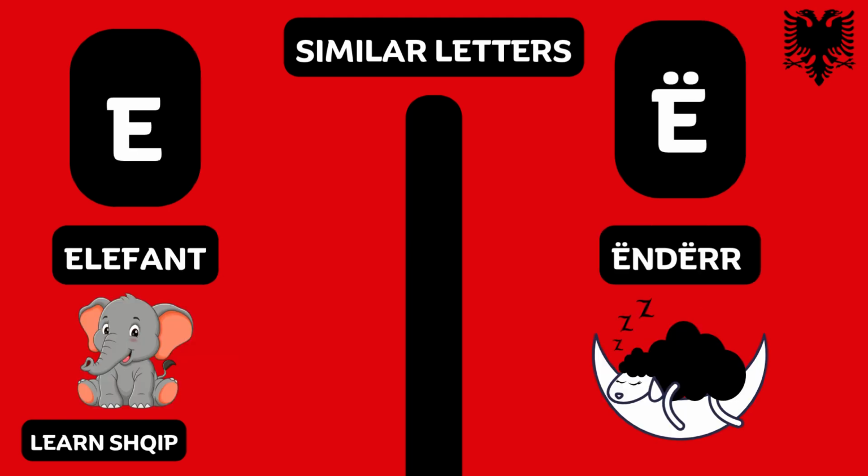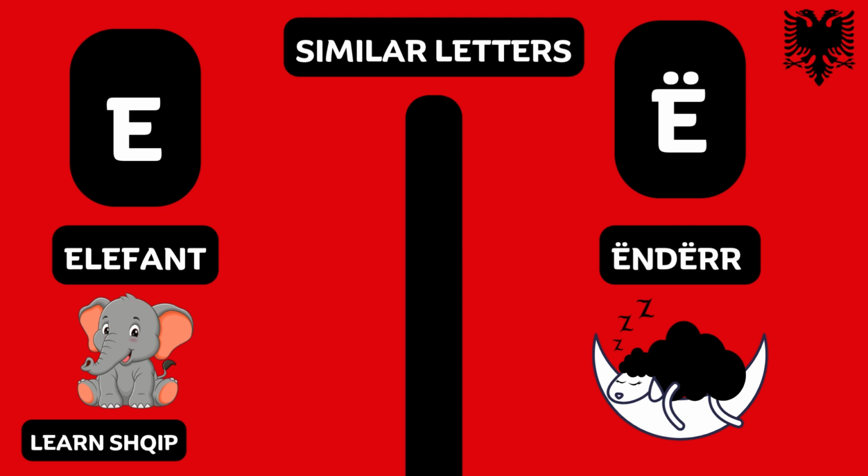And then let's see carefully, we have letter E. Remember that in the Albanian language, we have two letters, letter E with no dots and letter E with two dots. The normal E in Albanian, you're going to pronounce it this way: E. For example, the word elephant, which in Albanian is very similar, you can say elephant.